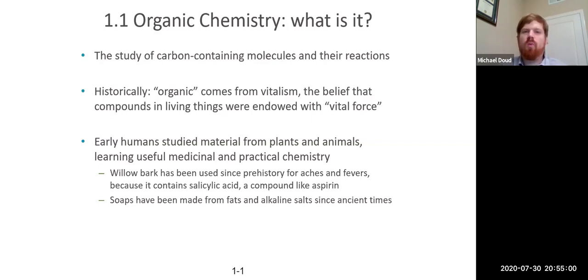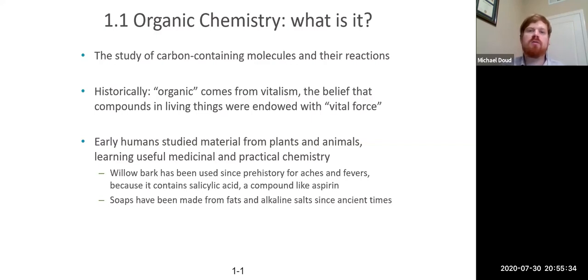One thing that people noticed, even ancient Egyptians, was that when you prepared a tea of willow bark, it helped reduce headaches and fevers and that sort of pain. That preparation of willow bark led directly into our knowledge of aspirin. Aspirin's a derivative of salicylic acid, which is present in willow bark.